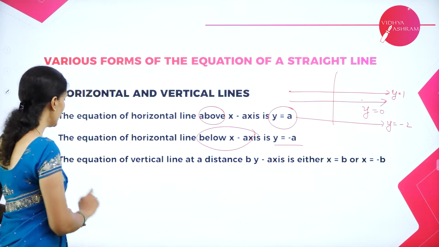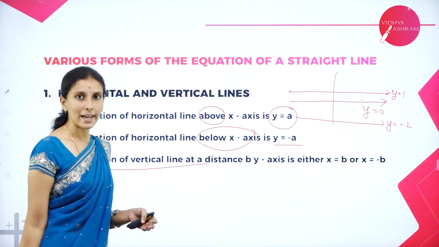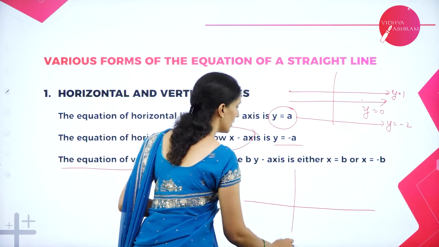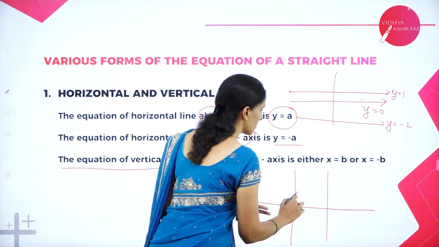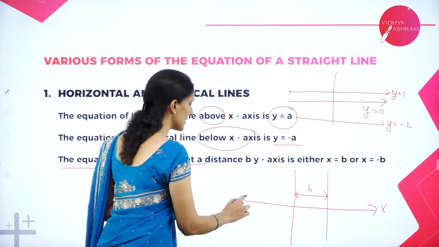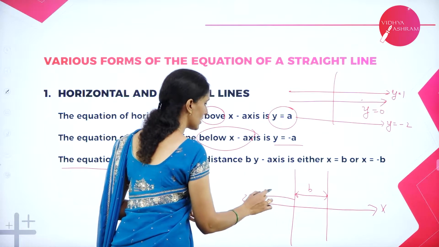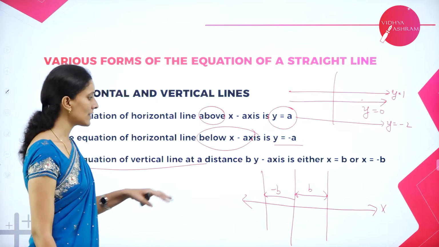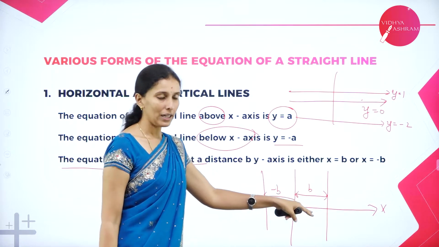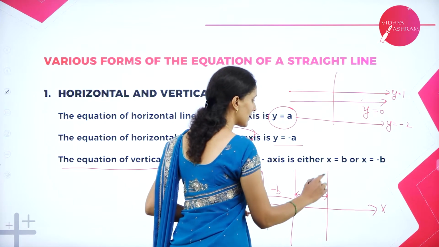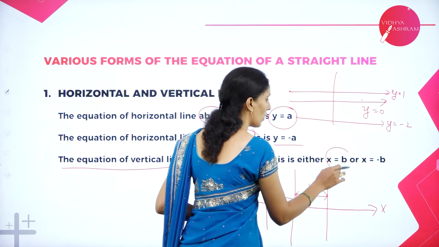Next, similarly, the equation of vertical line at a distance b. Suppose we have a line here, it is at certain distance. So this is positive x-axis and this is negative x-axis. If the distance is minus b, in the case of negative x-axis, then the equation of a line parallel to y-axis on the right hand side is x is equal to b.